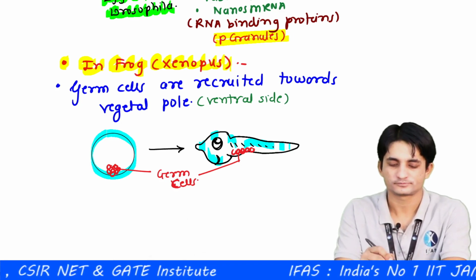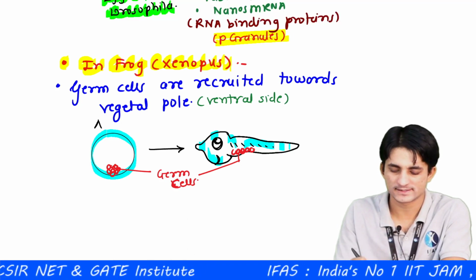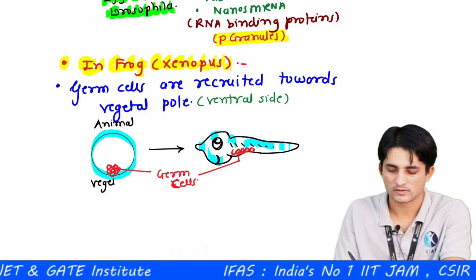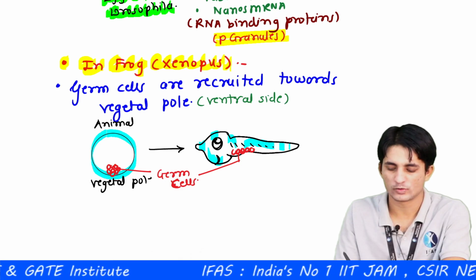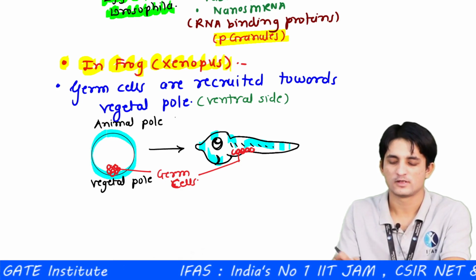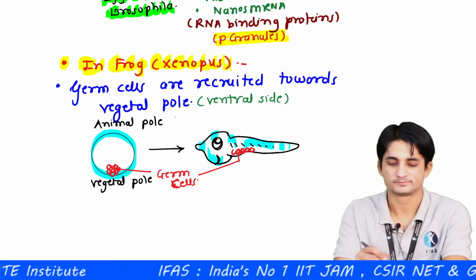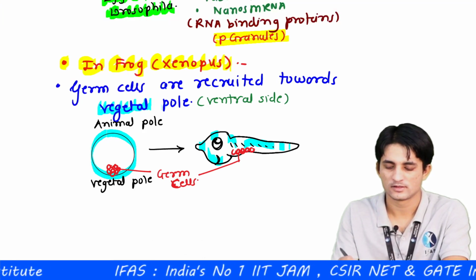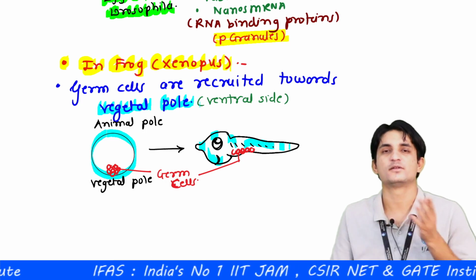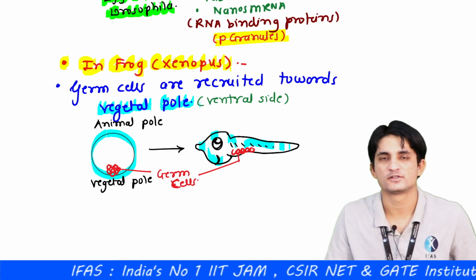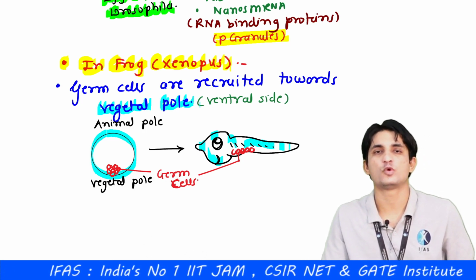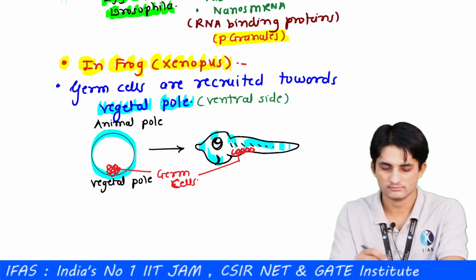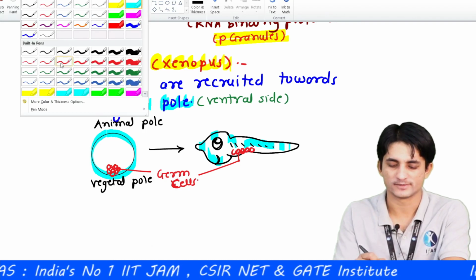So in frog also, the germ cells are recruited towards the vegetal pole. Then they are separated cells, and after gonad formation, they transmit to the gonads, that is the testis or the ovary.